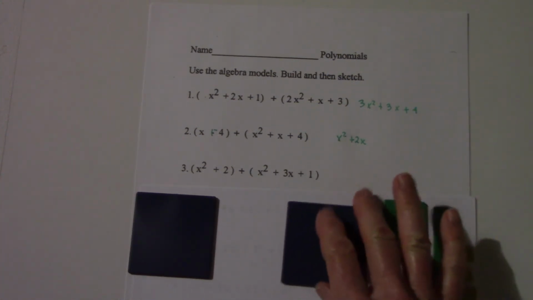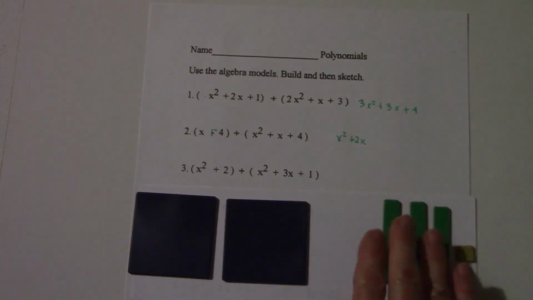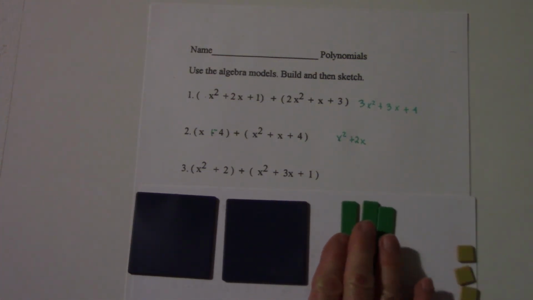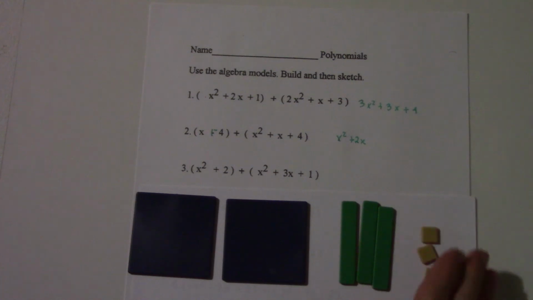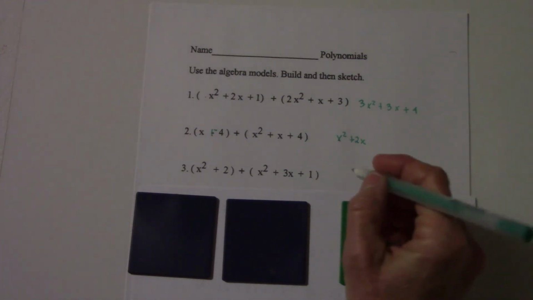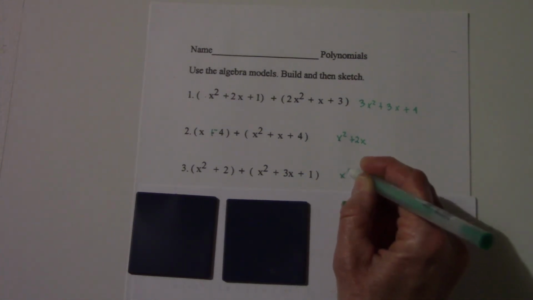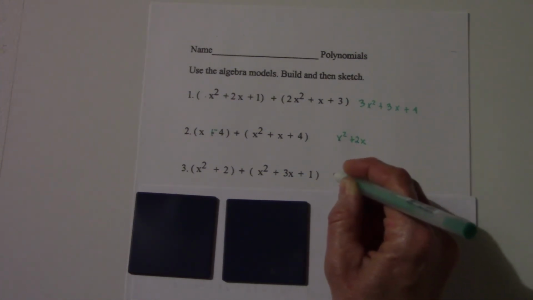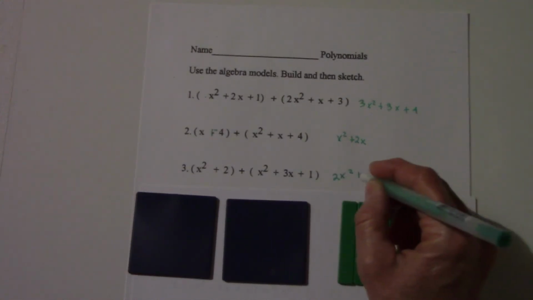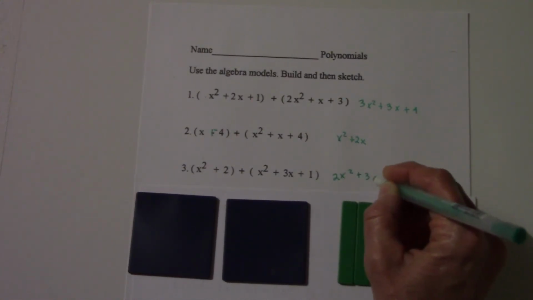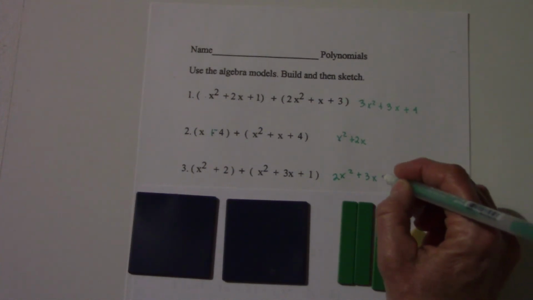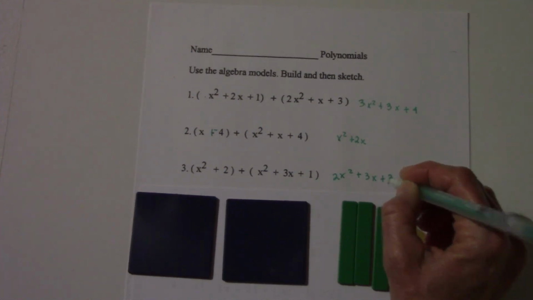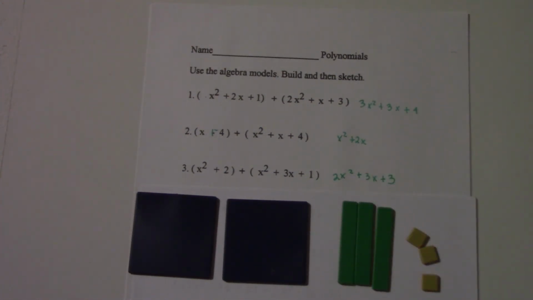So I'll have 2x squared, the 3x, and the 2 plus 1 will give me 3. So I have 2x squared plus 3x plus 3.